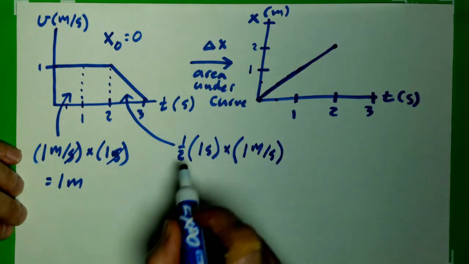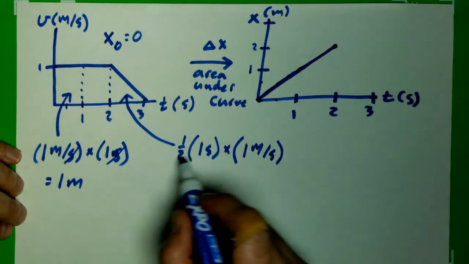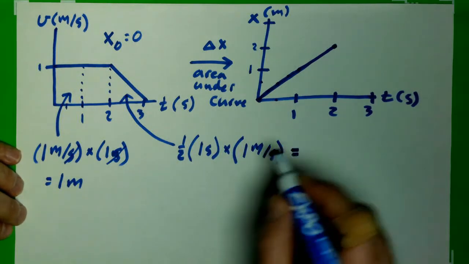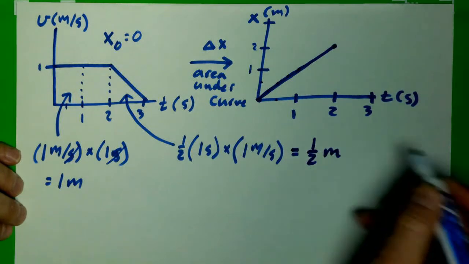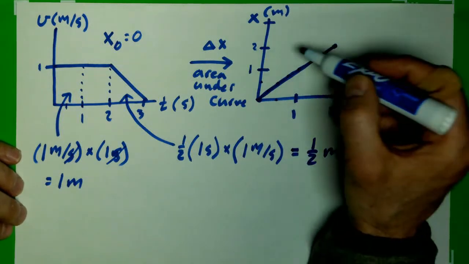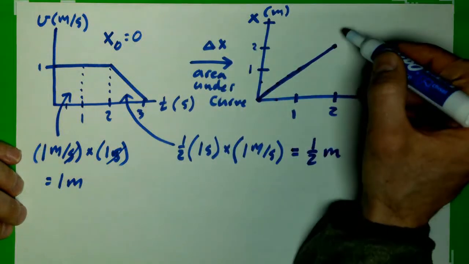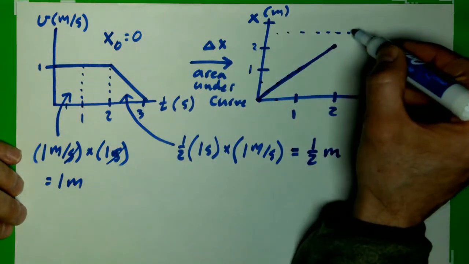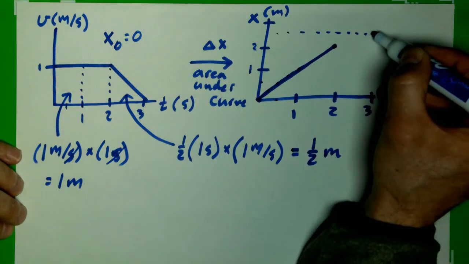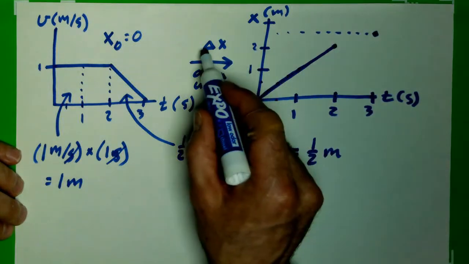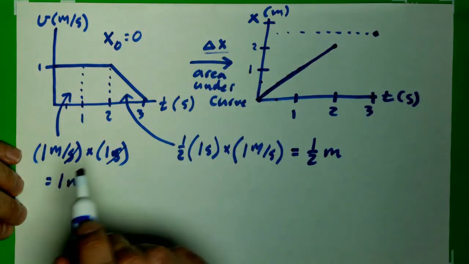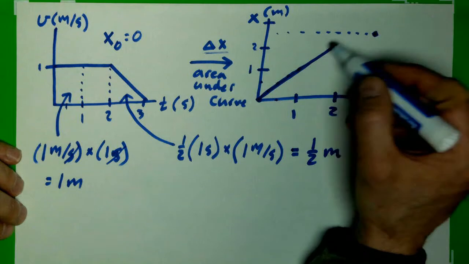Over that next second, my displacement is going to be 1/2 meter. So instead of getting all the way up to 3 meters, I'm actually only going to get to 1/2 meter above where I started. Remember, it's delta x.